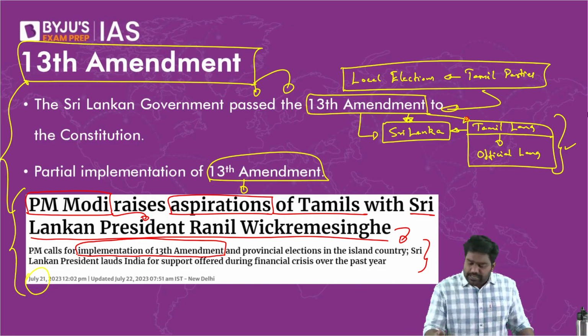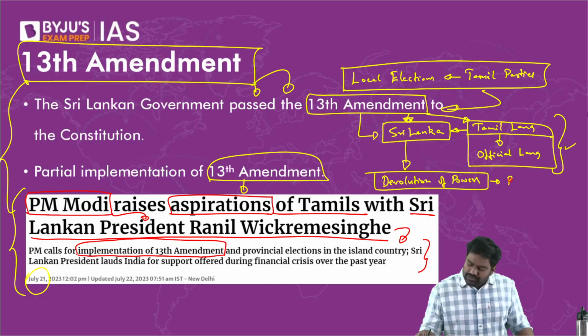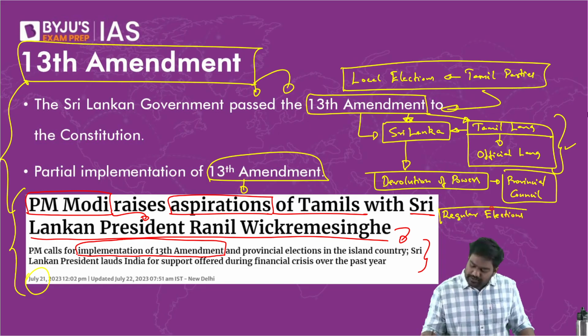But apart from that, the most important provision was with regard to devolution of powers. Devolution of key powers to the provincial councils and holding regular elections to the provincial councils. These were the most important commitments under the 13th Amendment.